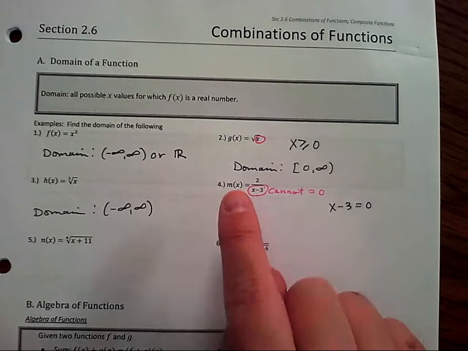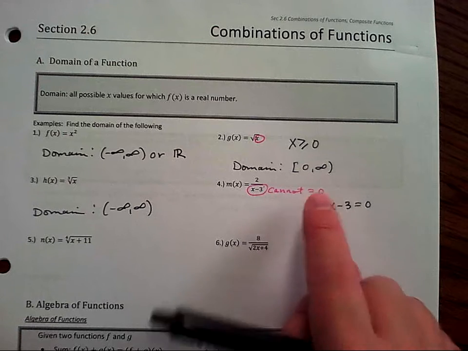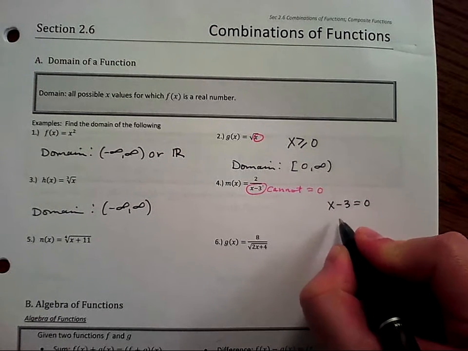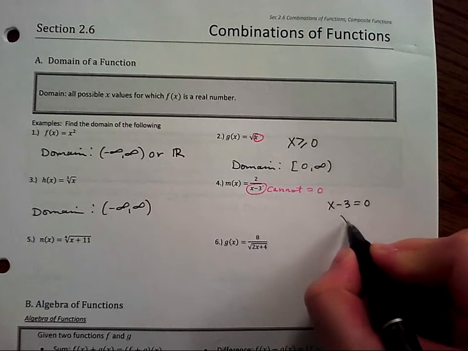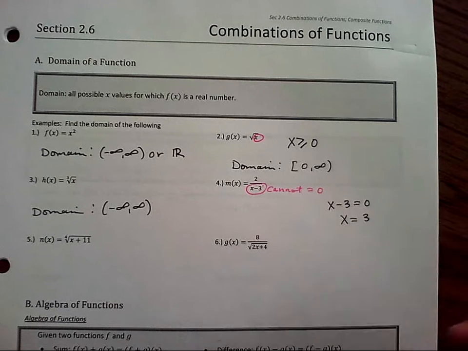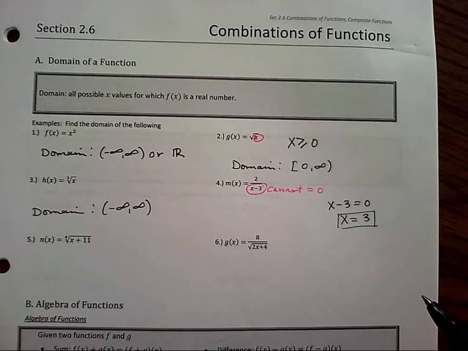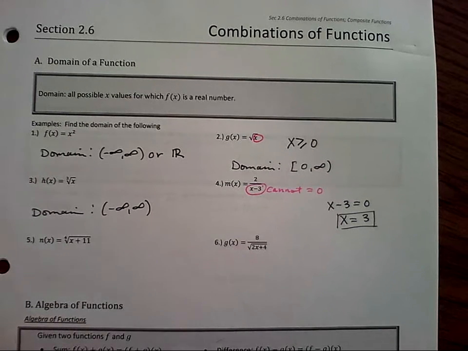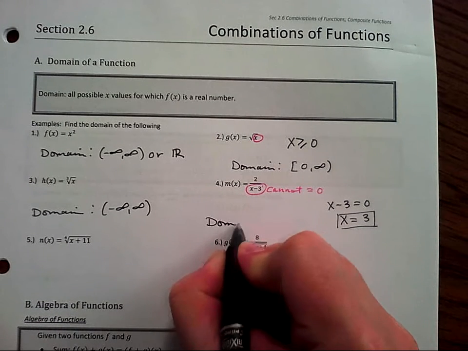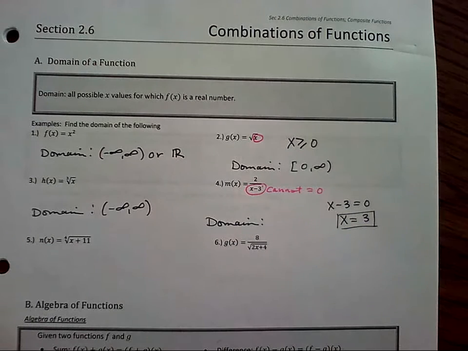Okay, so I know the denominator cannot equal 0, so I take the denominator and I set it equal to 0 and I solve. So I add 3 to both sides and I get x equals 3. All right, so in interval notation, how can I say everything except 3? Who's got an idea?